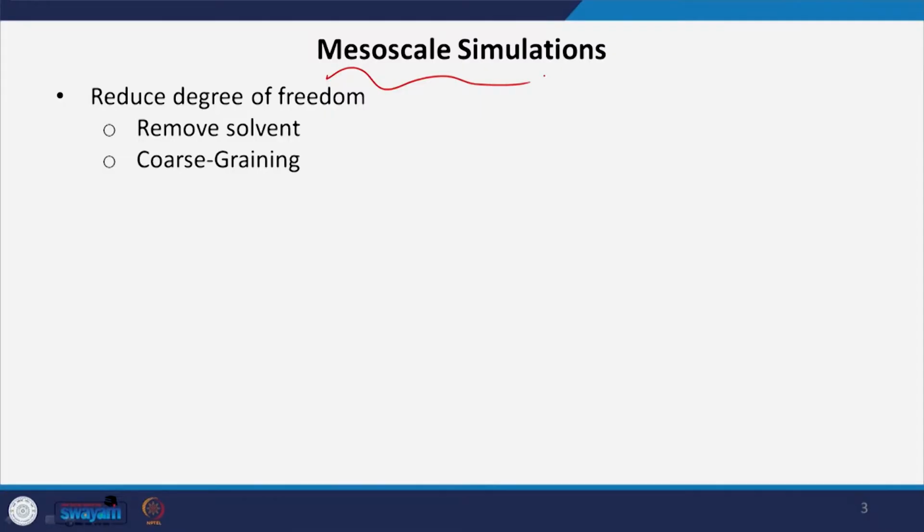The next class of methods are the mesoscale simulation methods, and here, as I said, the goal is to remove degrees of freedom, and that we can do either by removing solvent or by doing some kind of coarse graining.